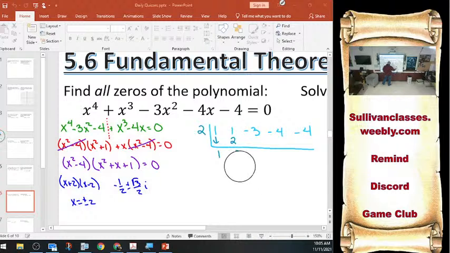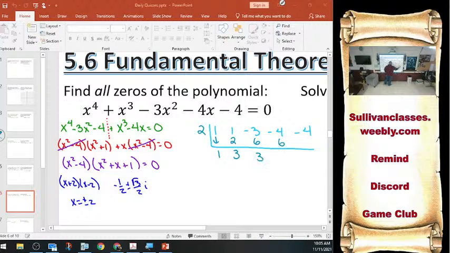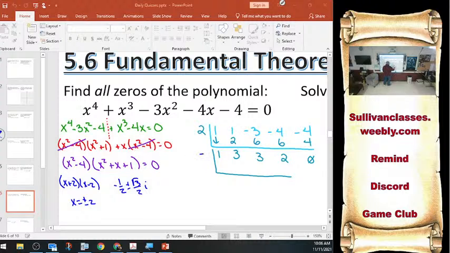Then 3, 6, 3, 6, 2, 4, 0. And say, I feel really lucky about negative 2. Again, getting x squared plus x plus 1 equal to 0.